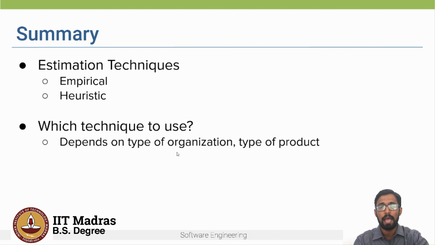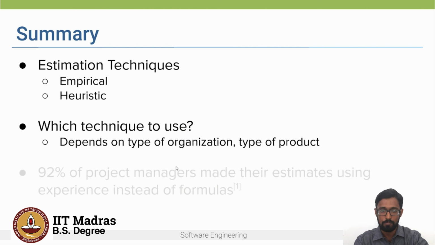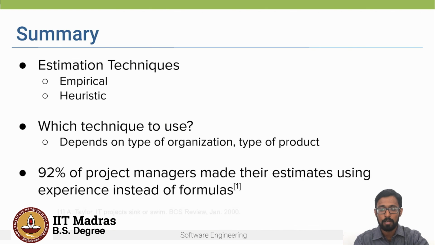And it depends on the practices in your organization as well. For example, the British Computer Society survey of more than 1,000 projects found that 92% of the project managers made their estimates using experience instead of formulas.